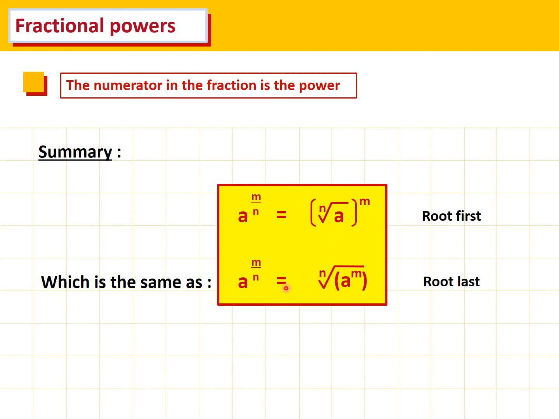Or in this second case, we can apply the power first. Note the numerator is still the power, and then we apply the root afterwards. So in this first case, it's root first, then power. In the second case, it's power first and root last.